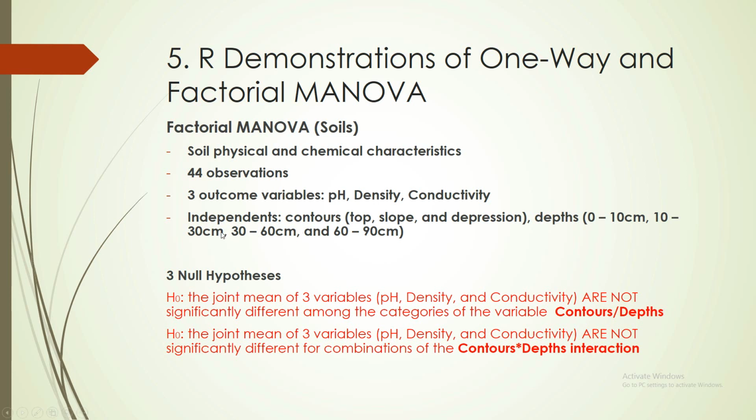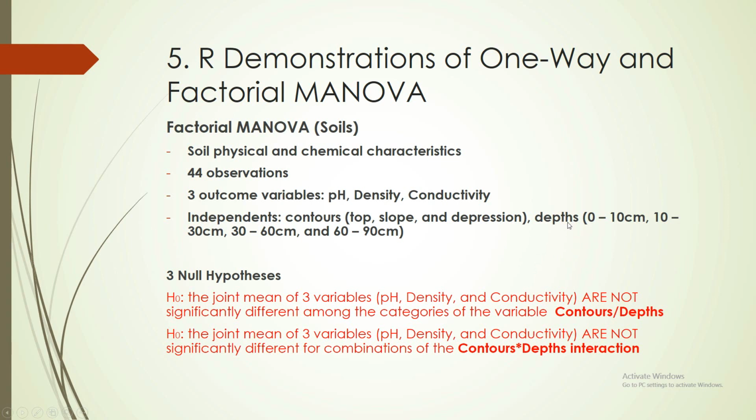And we are going to consider 2 group variables because this is factorial MANOVA. It's a simple form of factorial MANOVA; we can even call this 2-way factorial MANOVA. The 2 variables we're going to consider are contour and depth. For contour, we have the categories top, slope, and depression.